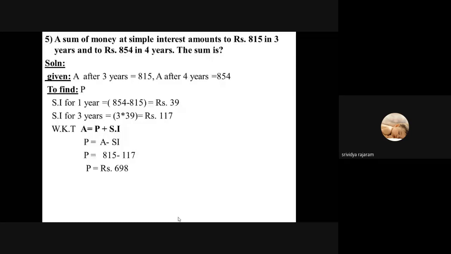So if we subtract these two amounts, the new amount for 4 years and the new amount for 3 years, we can get the simple interest for 1 year, right? Because the principal amount being the same will get cancelled, and the remaining value will only be the simple interest for 1 year, because 4 years minus 3 years is 1 year. So the simple interest for 1 year we can get by subtracting 815 from 854. Am I clear with this point?